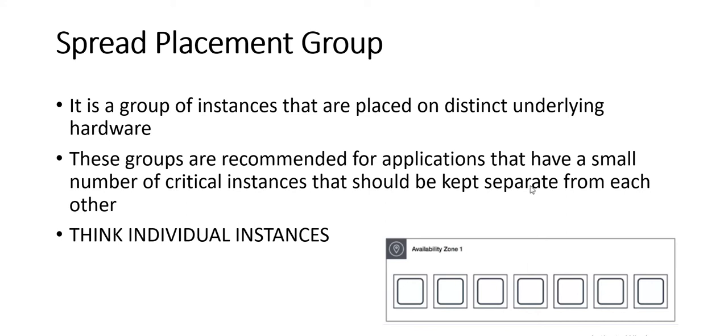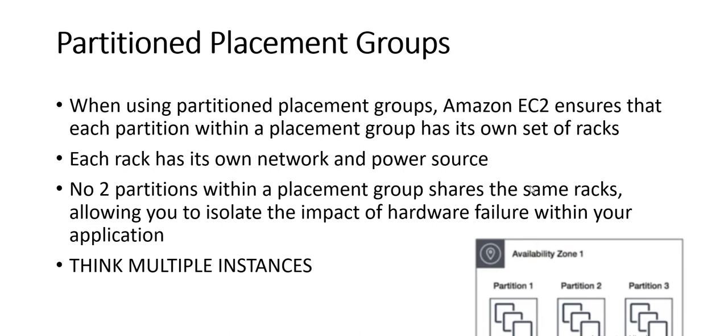Next is partition placement group. So what is this? It is similar to a spread placement group, but the only difference is that in each rack there will be multiple EC2 instances.